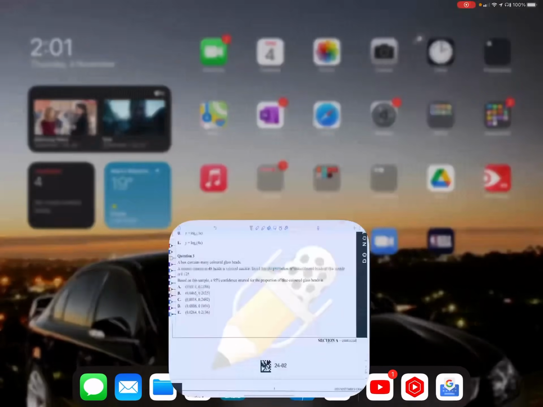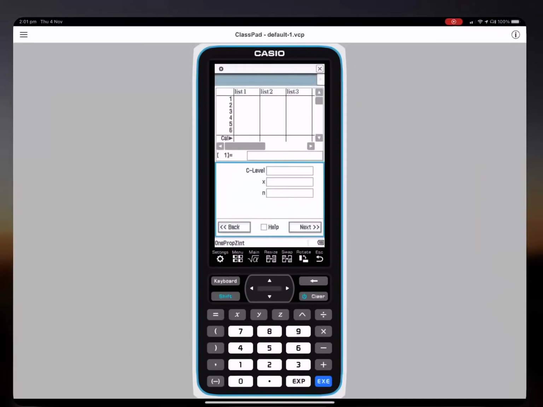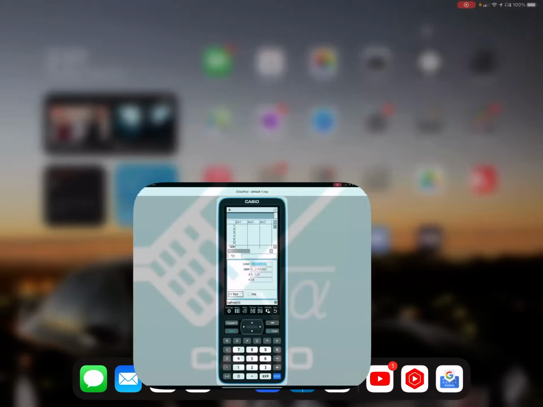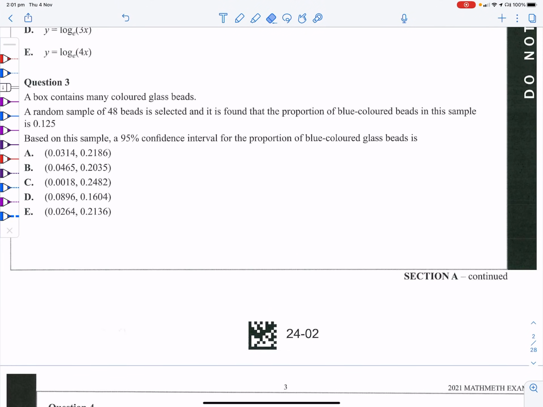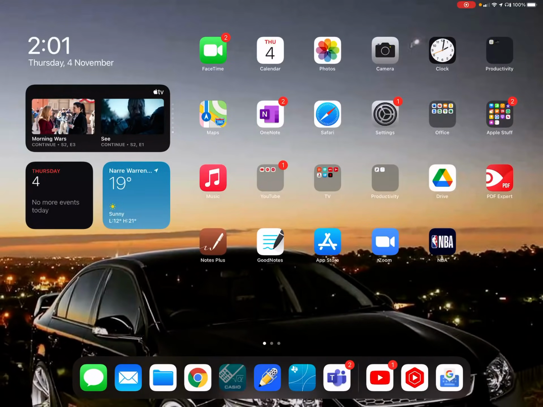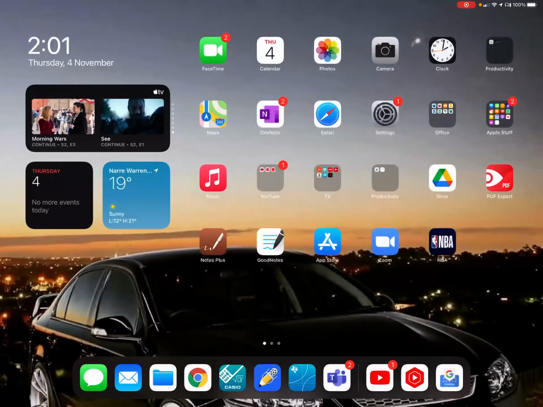Our confidence level is 95%. Do we put 0.95 there? I think it's 0.95. 6 out of 48, 0.031 and 0.218. So, is that it? 0.2186, yep. Perfect.